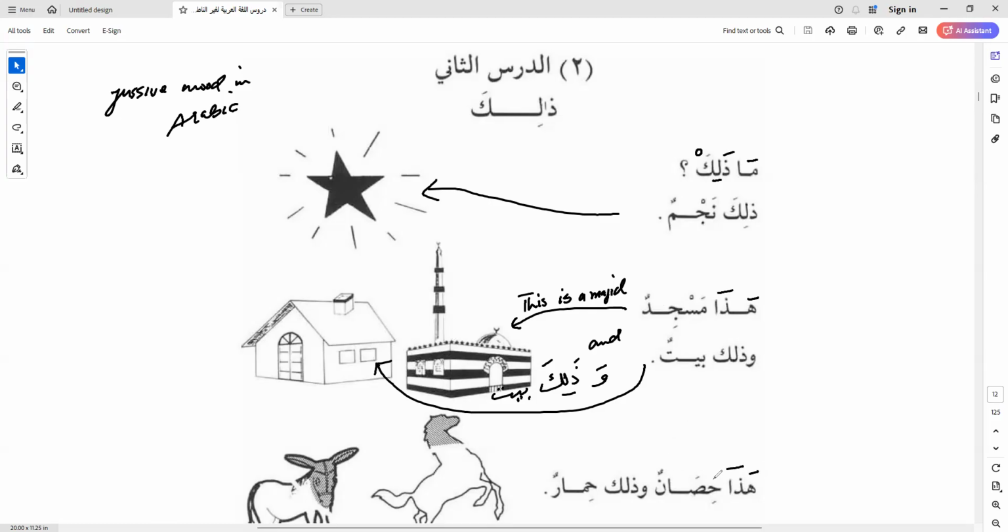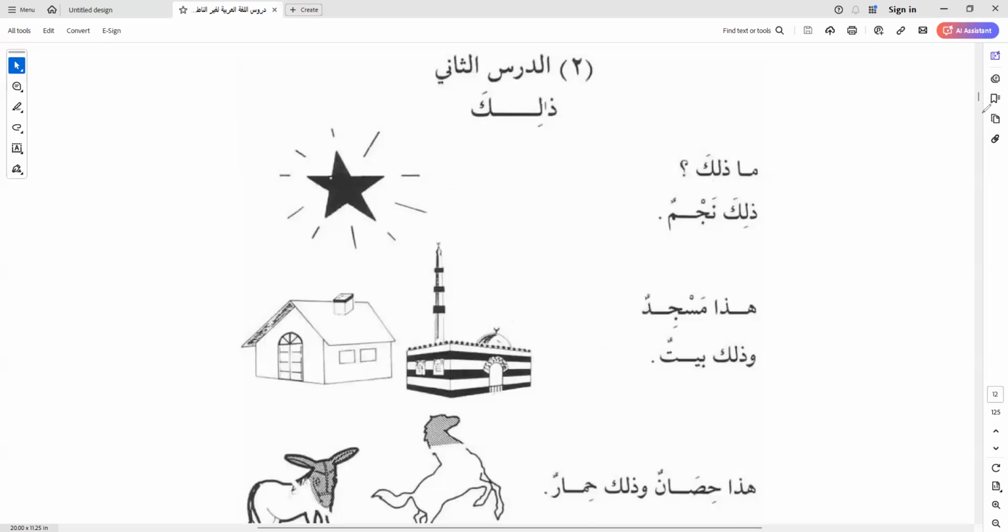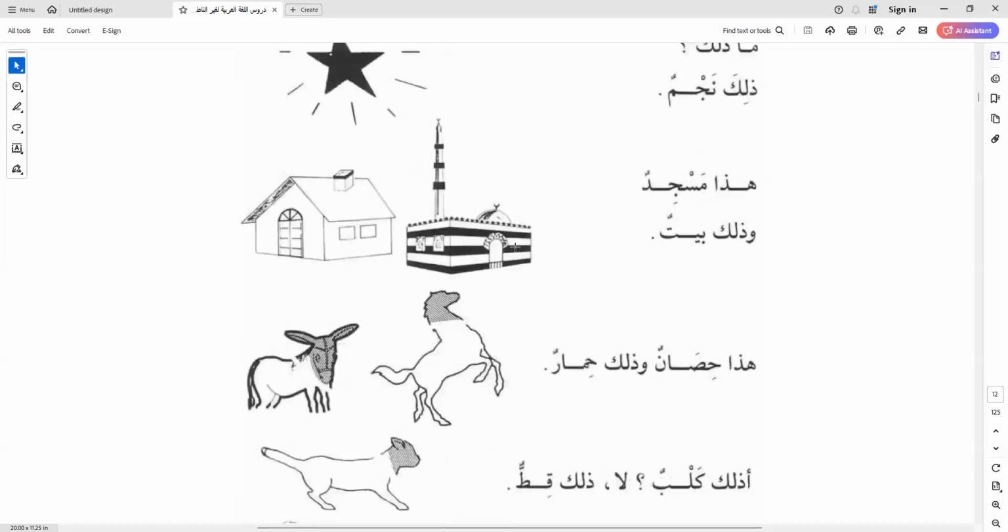هذا حصان وذلك حمار. حصان, as we know, is a horse. A horse is different from حمار. But we're using two different demonstrative pronouns, هذا and ذلك.